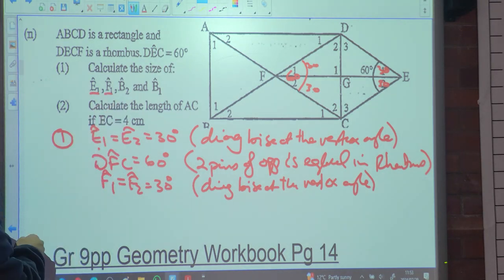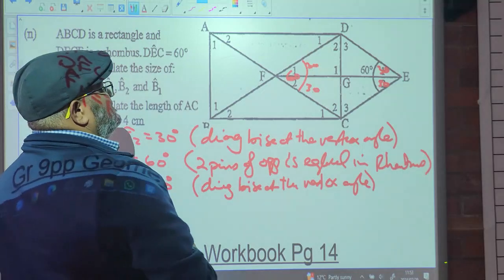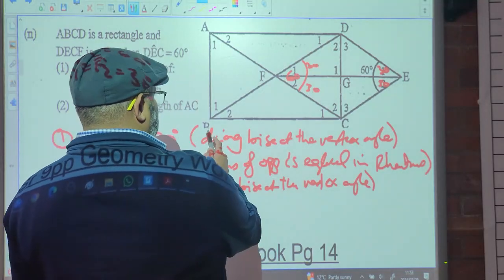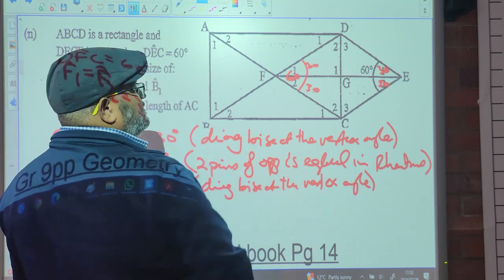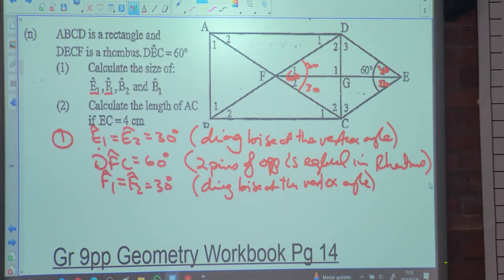Right, so we got F1. B2. Angle B2 is the same as which angle? D1. How can you calculate D1?